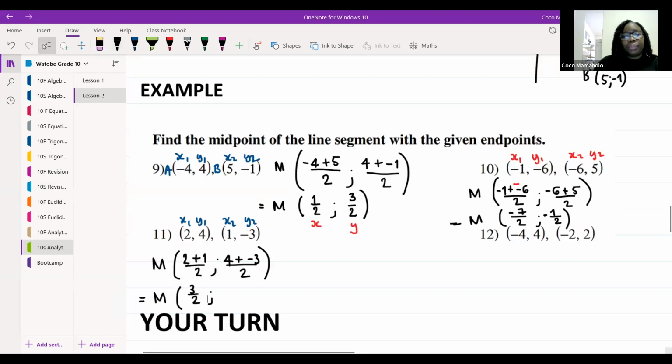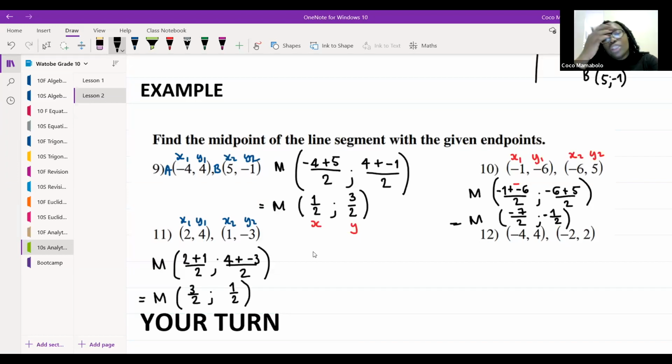And then 4 plus -3 will give us 4 minus 3, which is 1 over 2. Close brackets. I had to close the bracket.